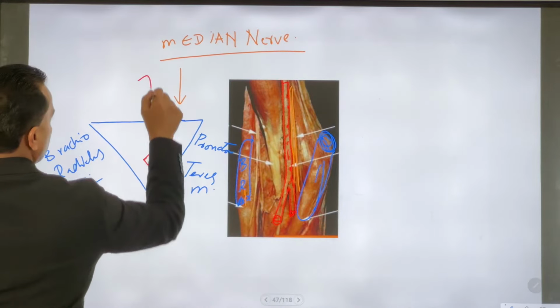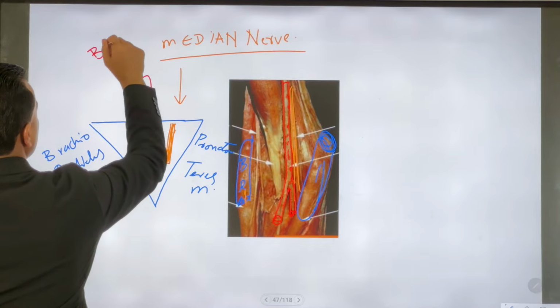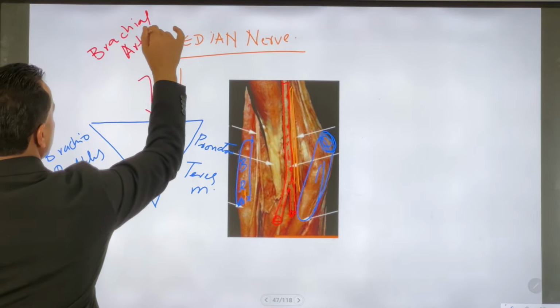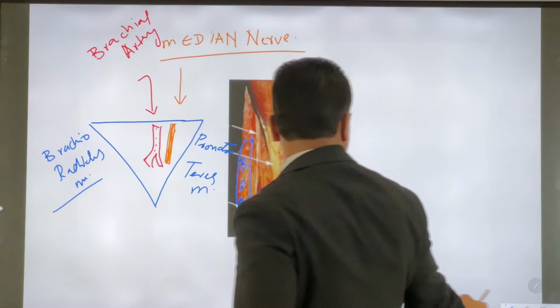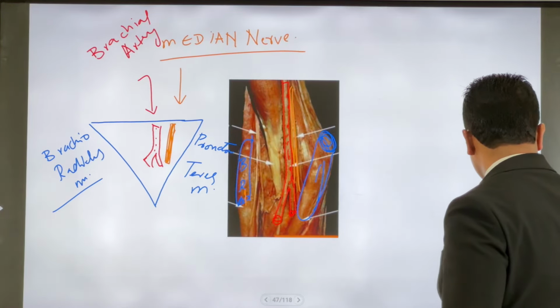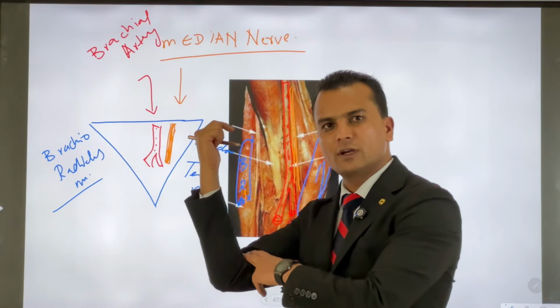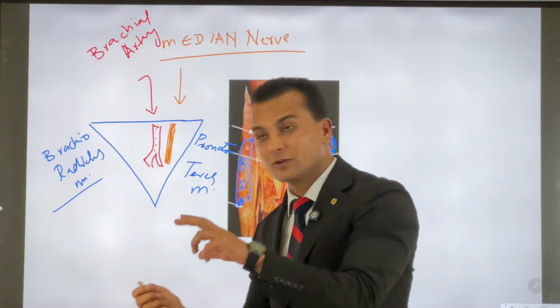Next to the brachial artery, you can see one of the tough and very important structures. If you put your fingers here and flex your elbow joint, you can feel this tough band of connective tissue.